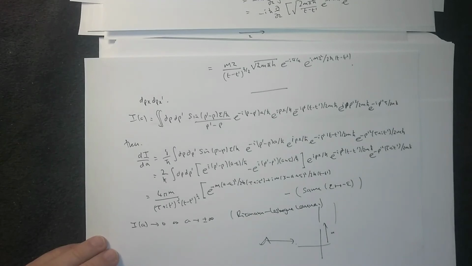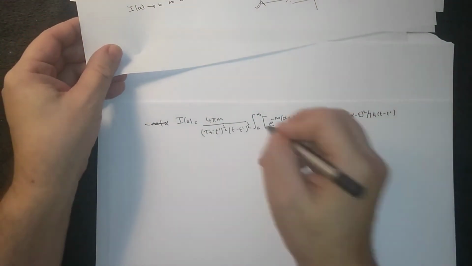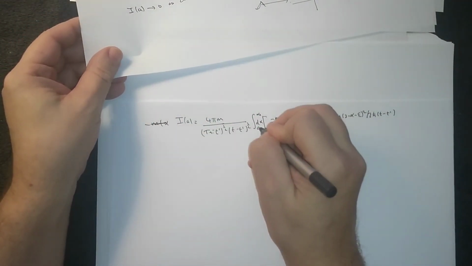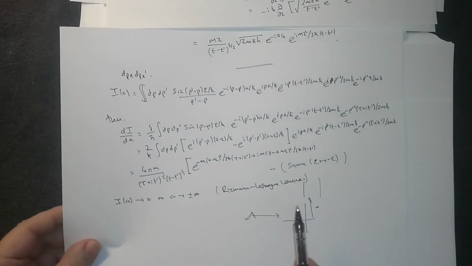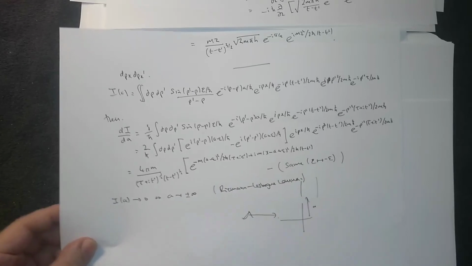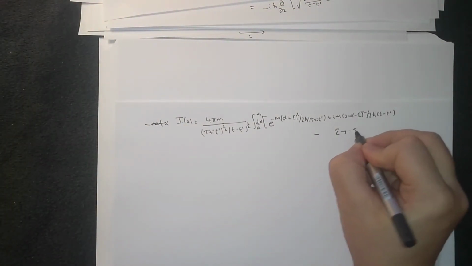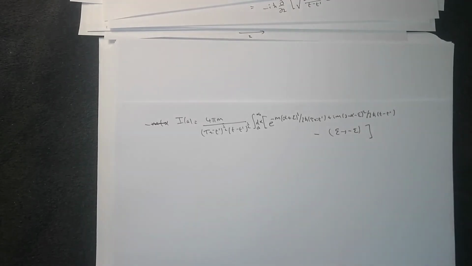So that just comes from sticking an integral and integrating from a to infinity, and of course there's a minus sign because we've got the lower limit in there, so that's why I'm writing the one with epsilon goes to minus epsilon first. And so epsilon goes to minus epsilon in there.